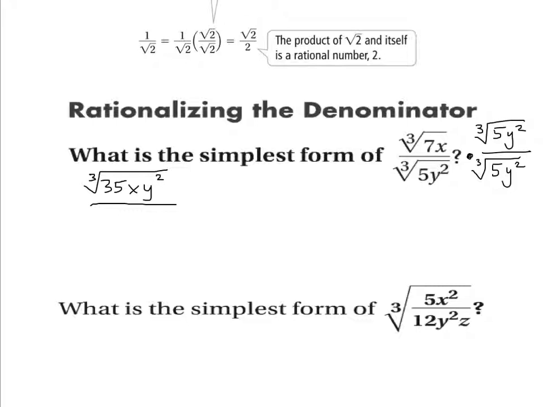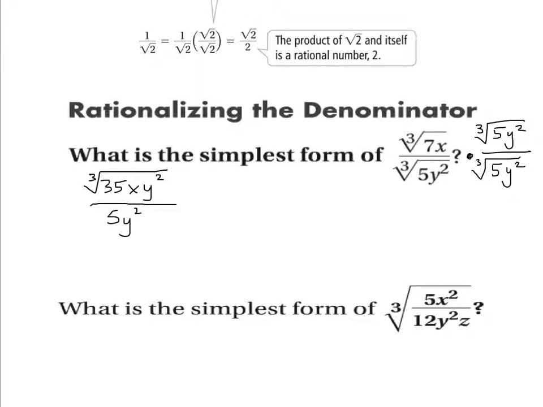The only thing that's left is 5 and y squared. Okay, now, the only thing that breaks down 35 is 7 and 5. Those are both prime numbers, so there's no cubes that will go in there. And these other variables are not going to be able to be taken out.